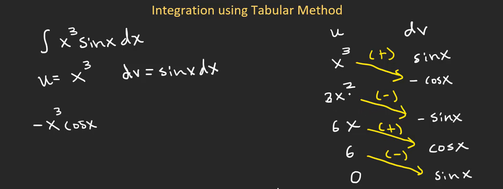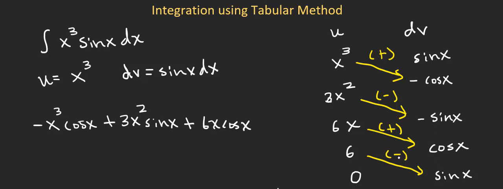And then 3x squared times negative sine x times negative, so positive 3x squared sine x. Then 6x times cosine x times positive, so positive 6x cosine x.